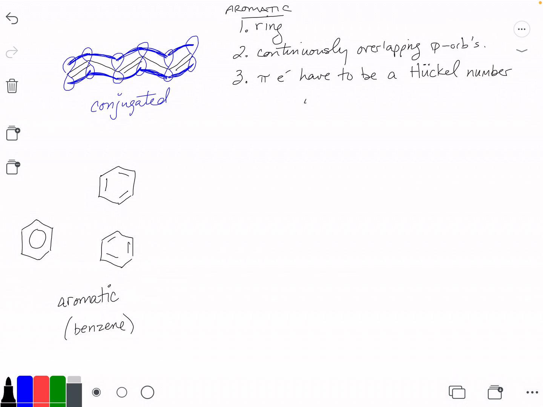So we can say the number of pi electrons has to fit the formula for 4n plus 2. Importantly here, n is not the number of carbons. N is just an integer. And so these numbers of pi electrons are 2, although you're not going to find that in a molecule that's large enough to be a ring and fit the other criteria.